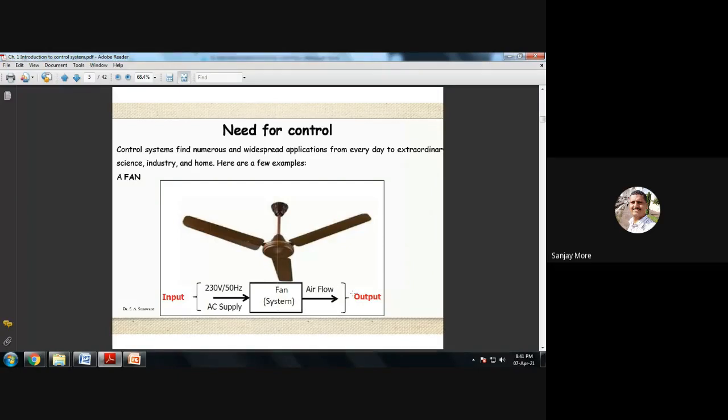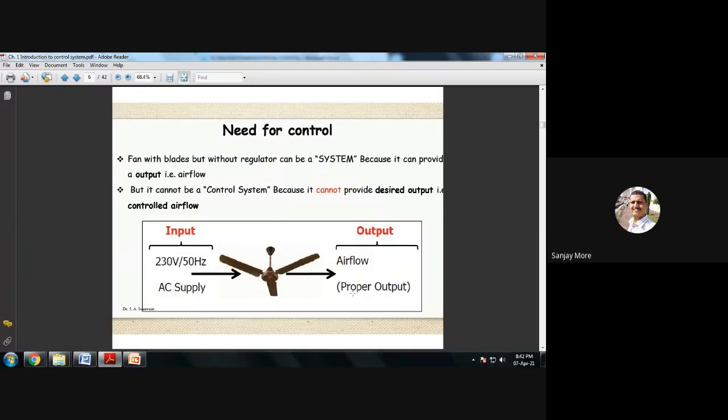Okay, it's an example. So in control system, you have to use control to regulate speed, to maintain the temperature, or to pass the airflow. See the details.